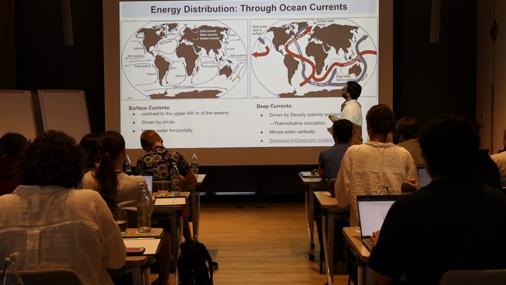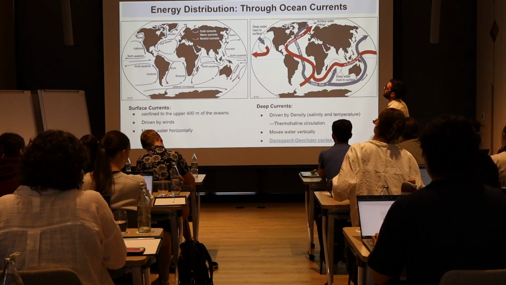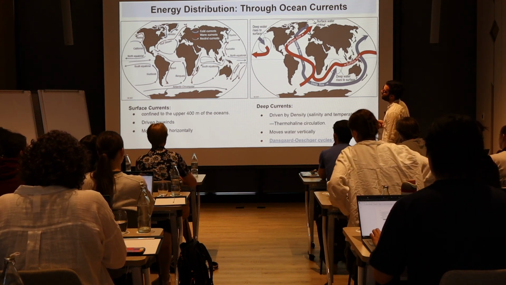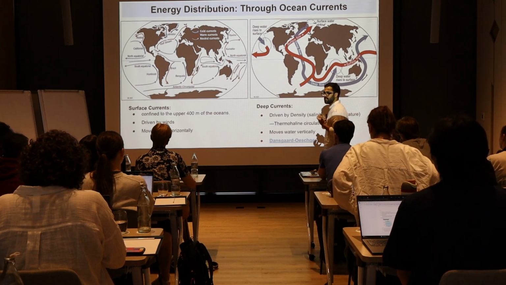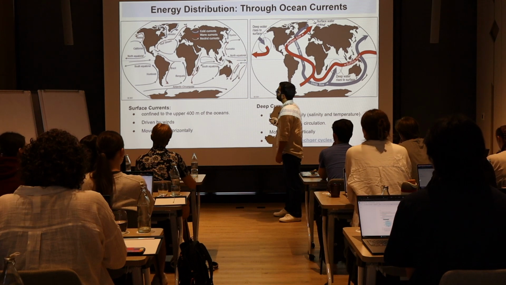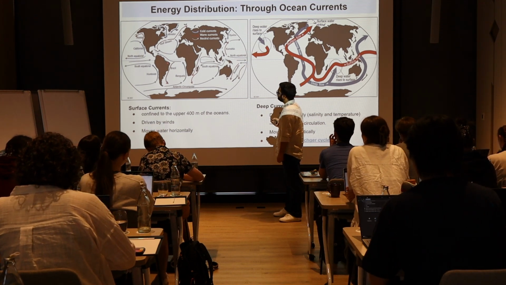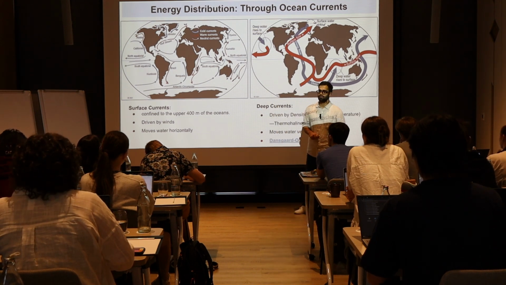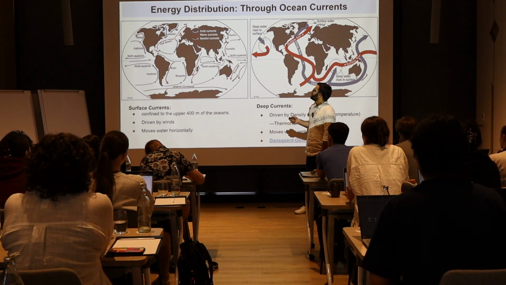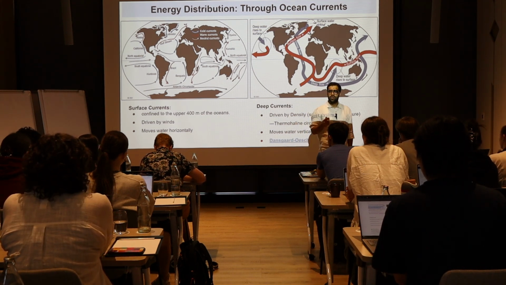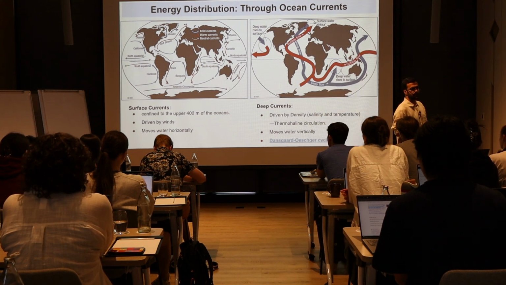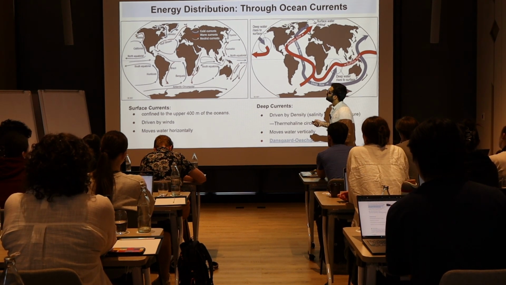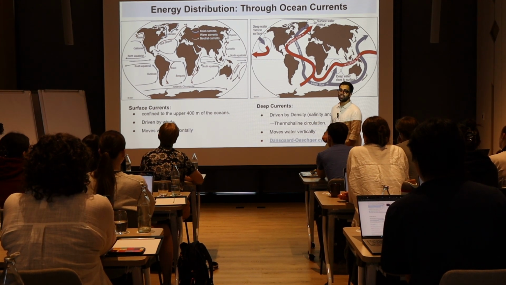Okay, so this Gulf Stream basically brings the hot, warm water, which is more saline water, from the equator of the Atlantic Ocean towards the North Atlantic Ocean. As it reaches this region, it doesn't lose much of the salinity. As a result, it brings more dense water towards this location.